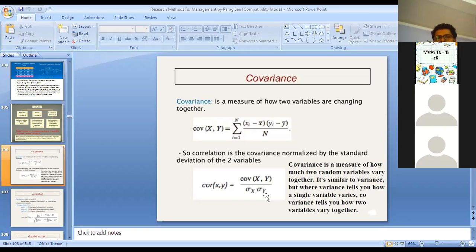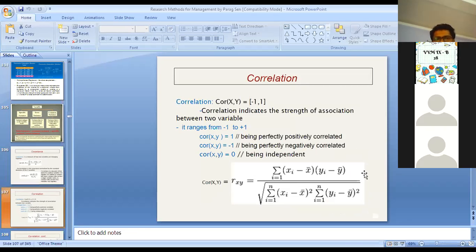That means it is being normalized. So this is the formula for correlation. And the upper bound and lower bound of the correlation is from -1 to +1.